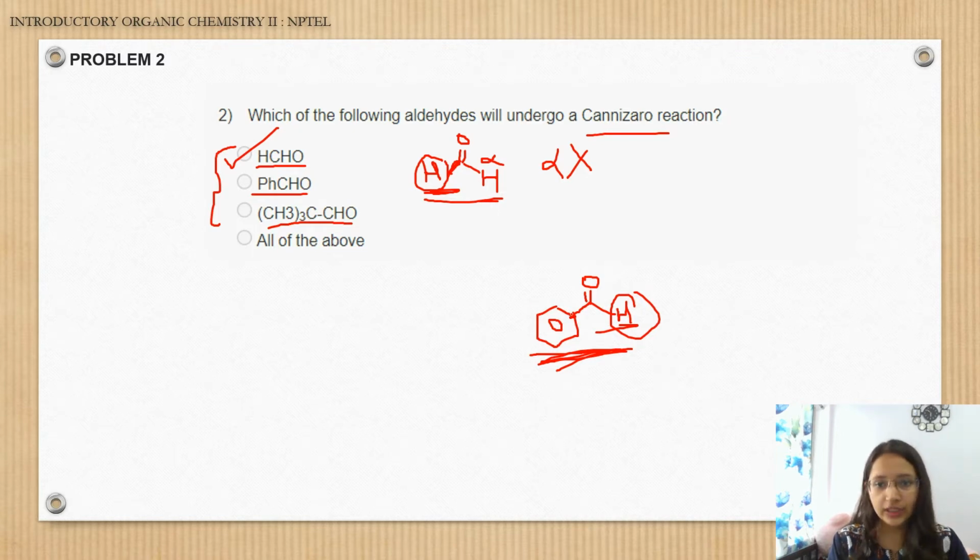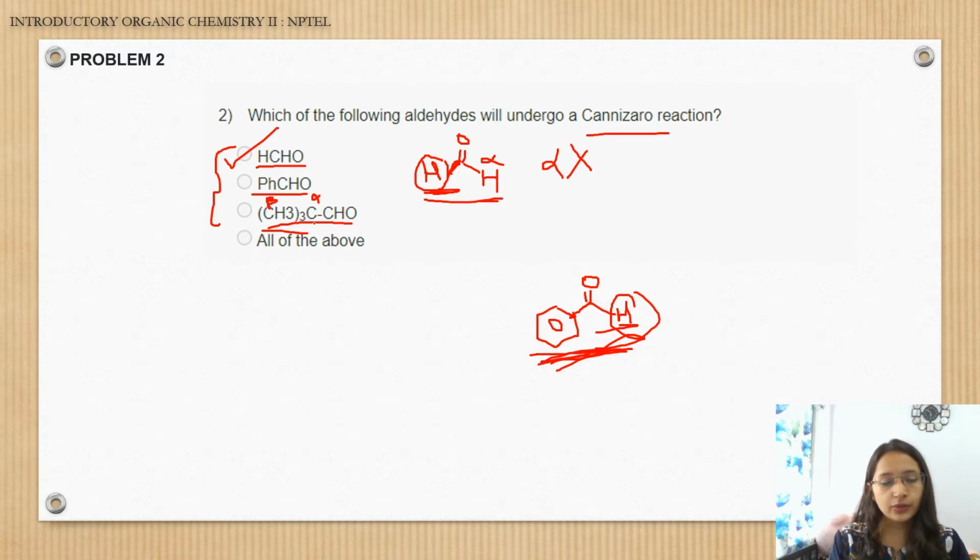So there is no alpha hydrogen in this system, so that is why it is also able to give you the Cannizzaro reaction. Coming to this particular thing, now this carbon is connected to three methyl groups, but we have studied that for this aldehyde, this carbon of CH3CH3CH3 is the alpha carbon, and this methyl carbon is the beta carbon.